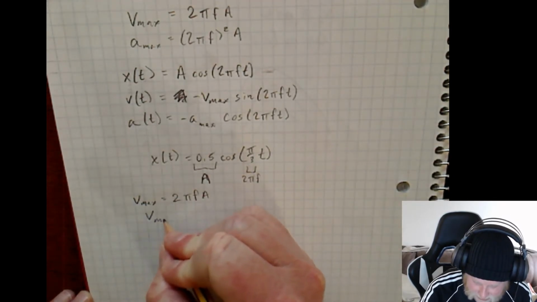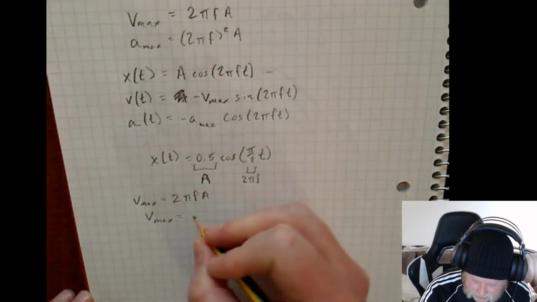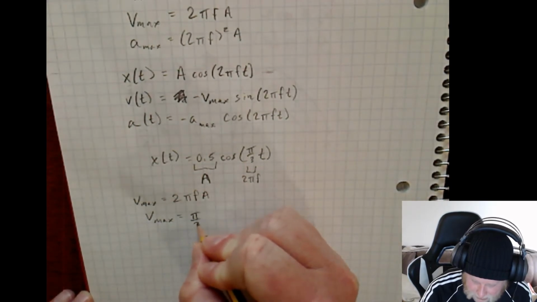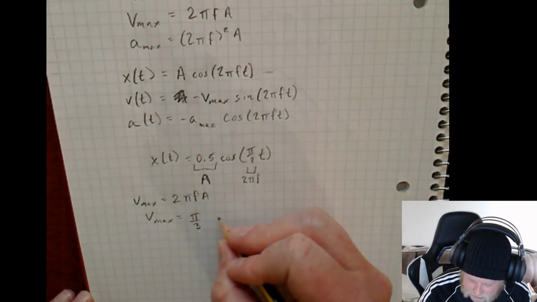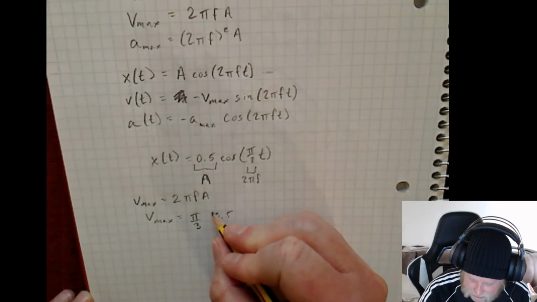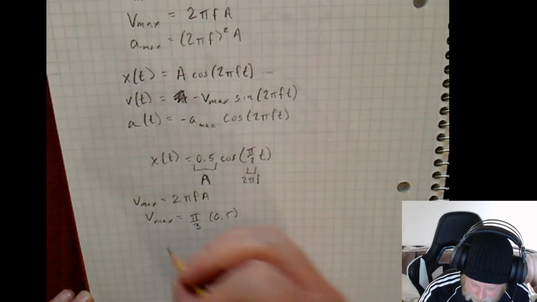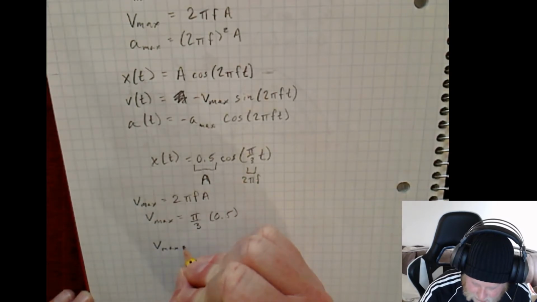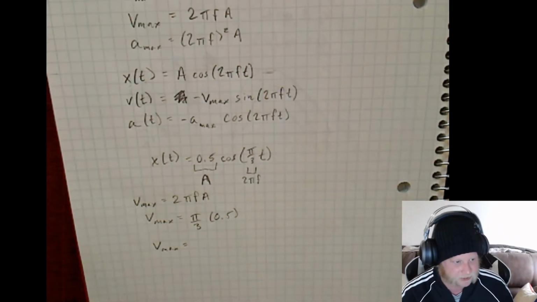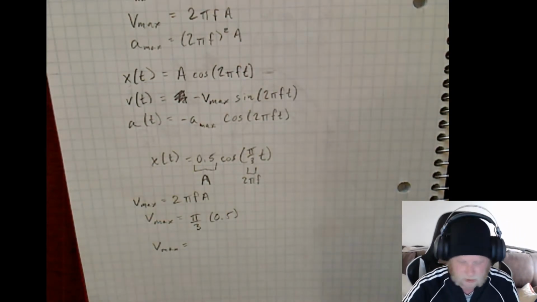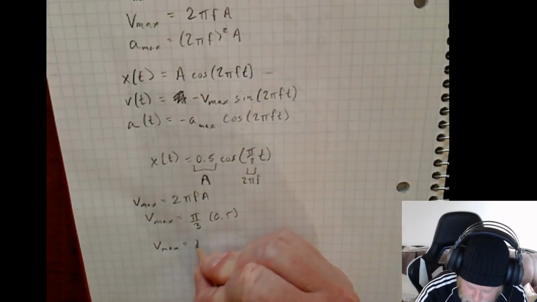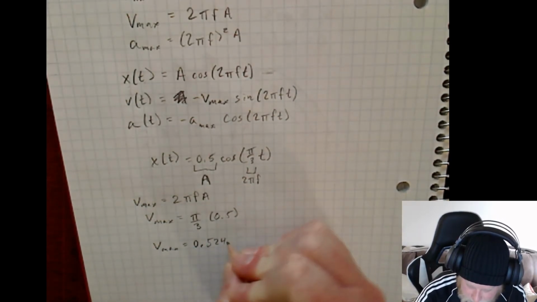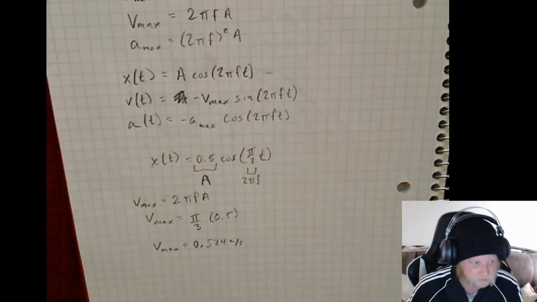So Vmax is equal to pi over 3 times 0.5. So Vmax comes out to 0.524 meters per second.